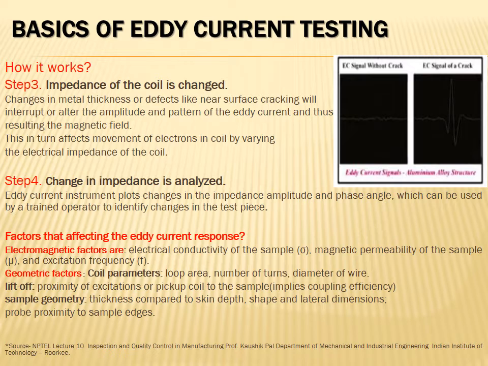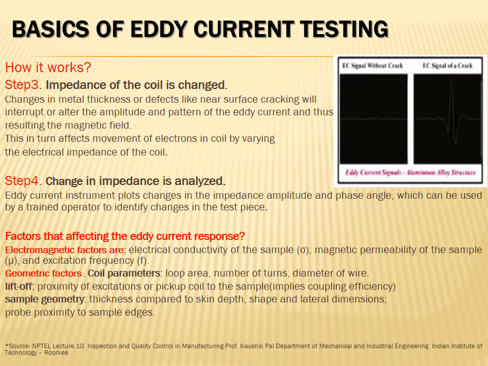In that image there are two portions: one is the EC signal without cracks, and the other is the EC signal with cracks. The signal is good in nature in the case of no cracks, but when we have some cracks, we get erratic signals, as you see in the second part of that image in the slide.